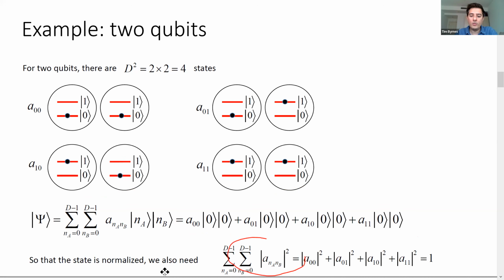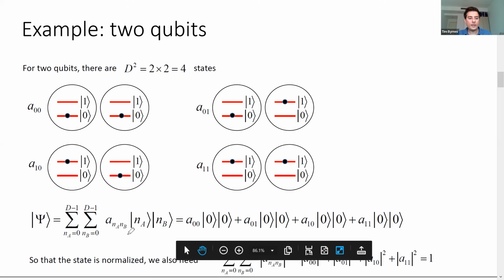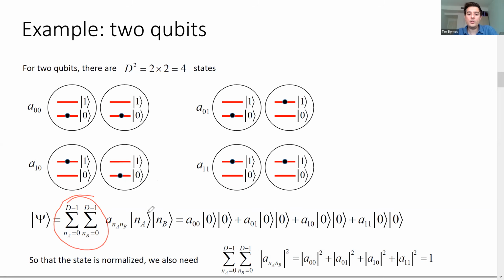Right? So these always have to be normalized, meaning that the modulus squared of these coefficients adds to 1. So you can see that in general it's this double sum, but in this case it's a much smaller system.